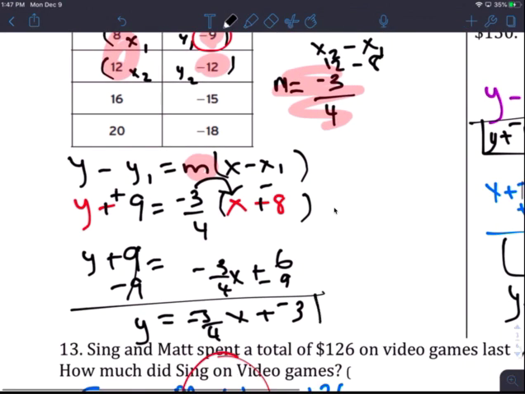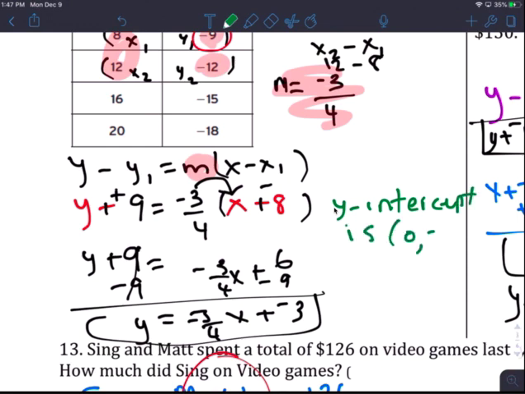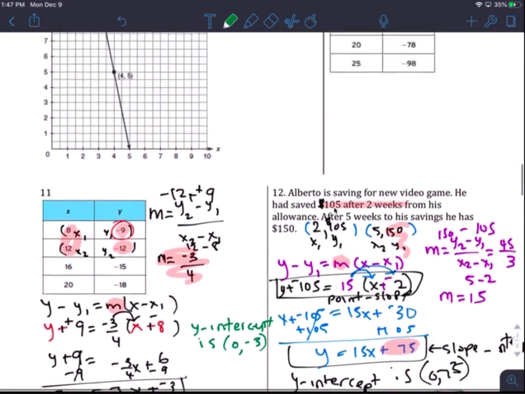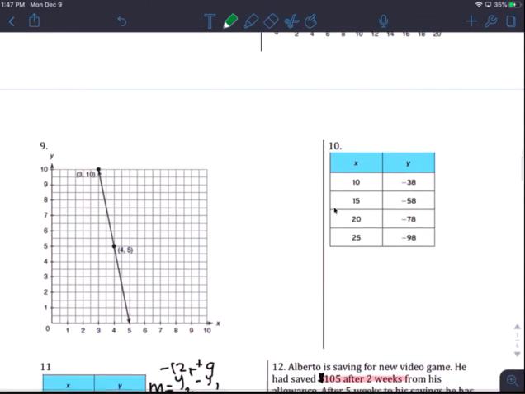So the y-intercept is negative 3. Okay, we do the same for number 10.